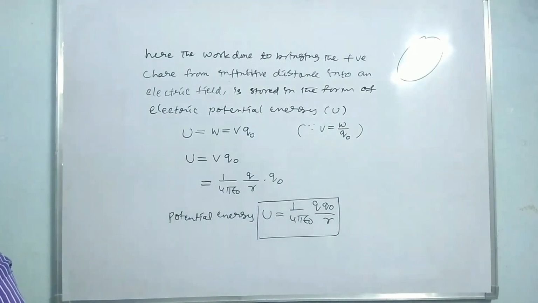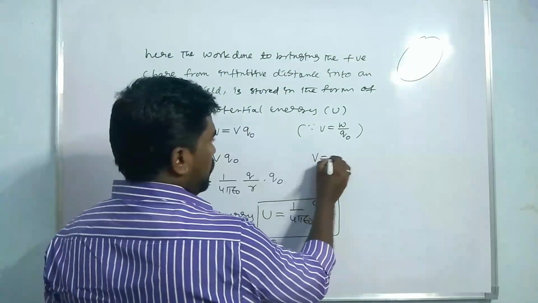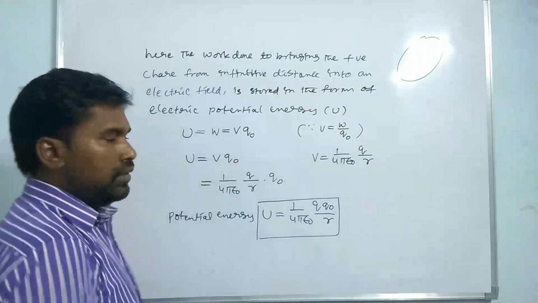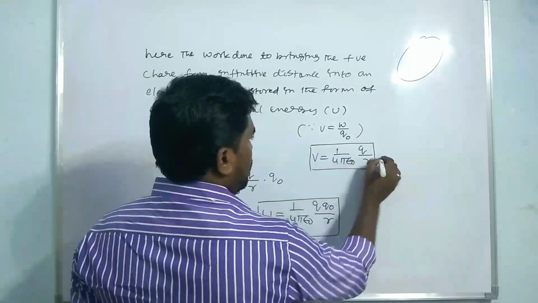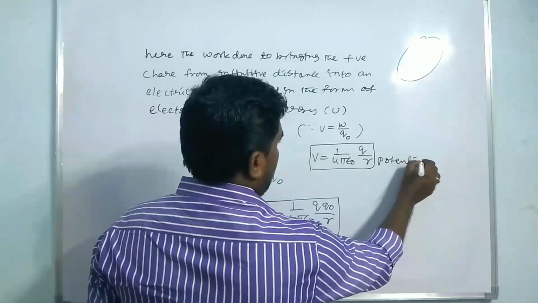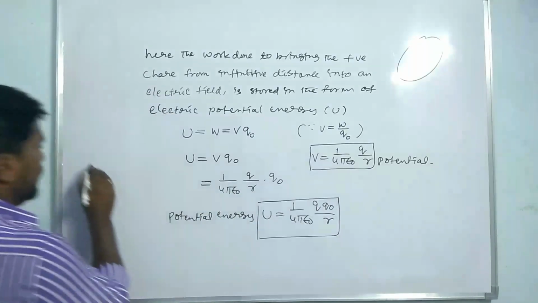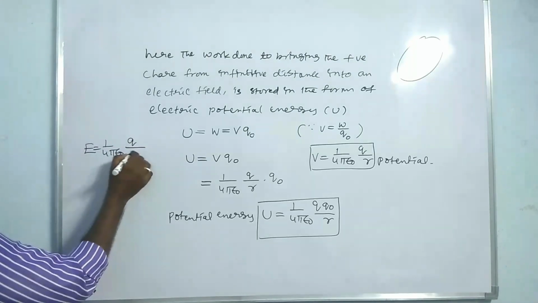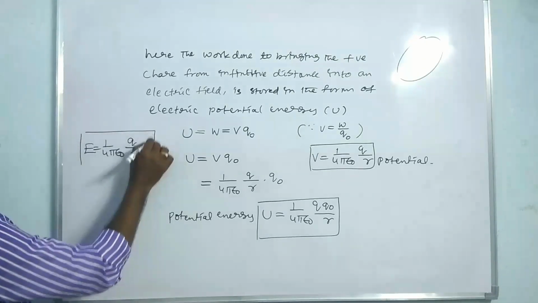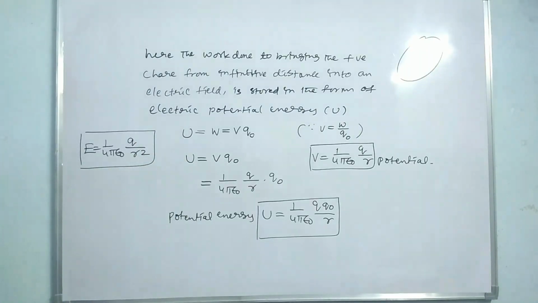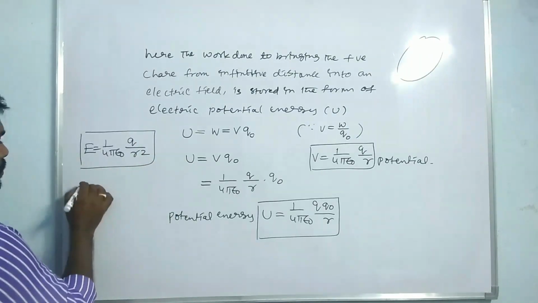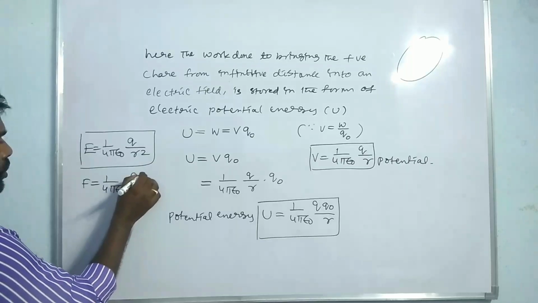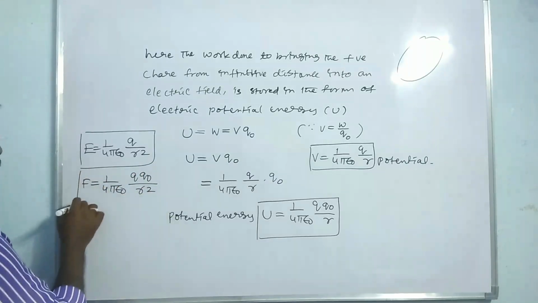Okay, clear? And electric potential V is equal to 1 by 4 pi epsilon naught Q by R. This is the potential. And electric field E is equal to 1 by 4 pi epsilon naught Q by R square. This is the intensity of electric field. And force acting between two charges F is equal to 1 by 4 pi epsilon naught Q Q naught by R square.